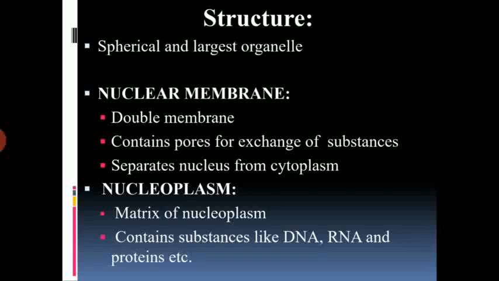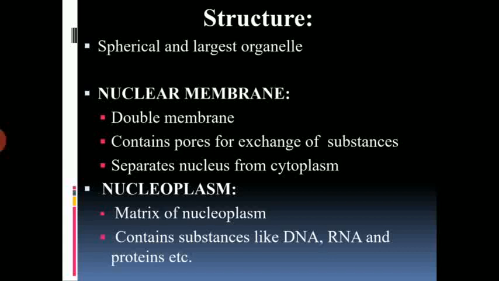The nucleus is the largest organelle present in the cell, and it is bounded by the nuclear membrane. The nuclear membrane is generally a double membrane, which has nuclear pores for the exchange of substances. It makes the boundary of the nucleus and separates it from the cytoplasm and cell organelles.